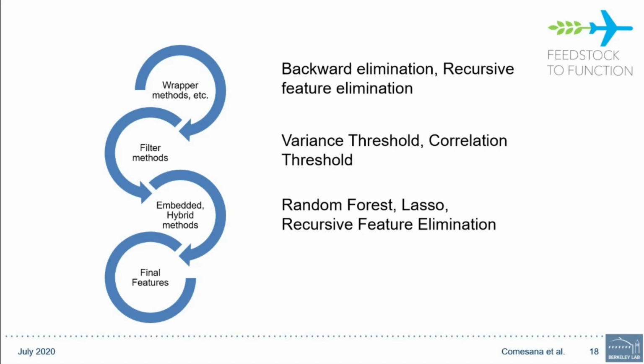We had initially tried backward elimination as well as recursive feature elimination, but realized that it was taking a really long time and was really computationally expensive. So we went with more correlation threshold and correlation analysis, where we looked at both Pearson and Spearman correlation coefficients and eliminated further features based on that.